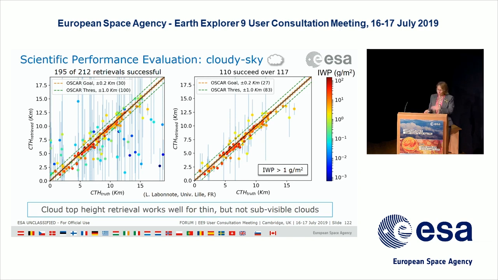So if you remove everything with ice water path lower than 1 gram per square meter, then you have 71% of successful retrievals. We have to point out that in this data set, there is a bias to subvisible clouds, so this does not exist in the real atmosphere. More than half of the clouds in this data set are subvisible, but in the real world it's only 9%.